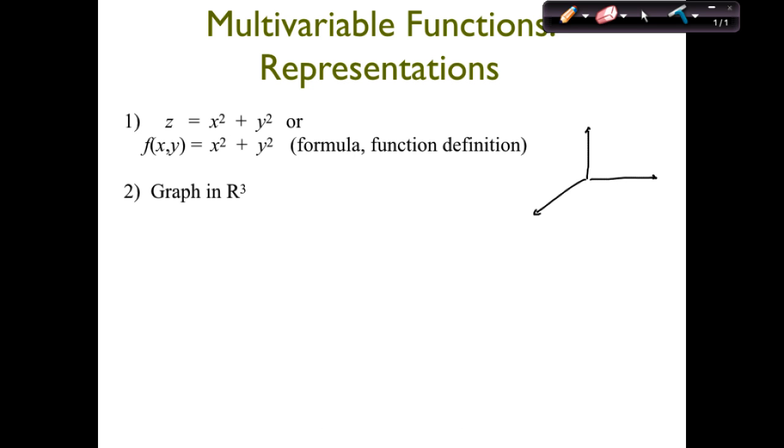Now our input is an ordered pair of x and y. Rather than just our x-axis being the launching point, now the whole xy plane represents values of the independent variables, pairs taken in combination.